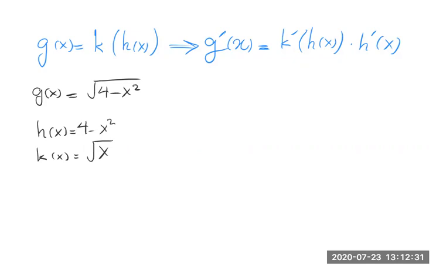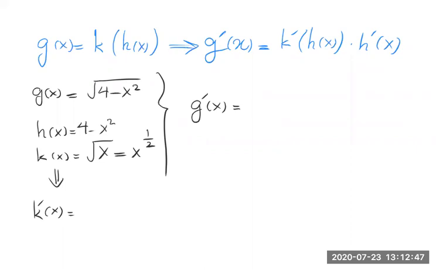This implies g prime of x is based on the derivative of k. What is the derivative of k? The square root of x is the same as x to the power 1 over 2. So the derivative of k is 1 over 2 times x to the power 1 over 2 minus 1, which is 1 over 2 x to the power negative 1 over 2.